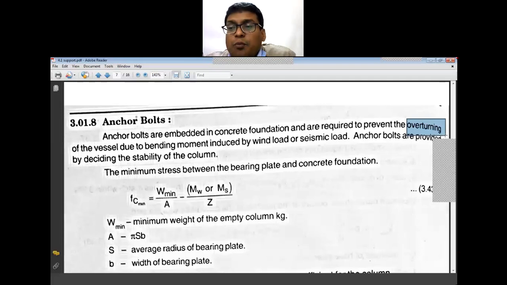Now these anchor bolts are provided by deciding the stability of the column. Now what is the stability of the column? The vessel itself is stable, right? I have not provided any support for this. The vessel is just simply on the earth surface. So the vessel without support is also stable. Why?